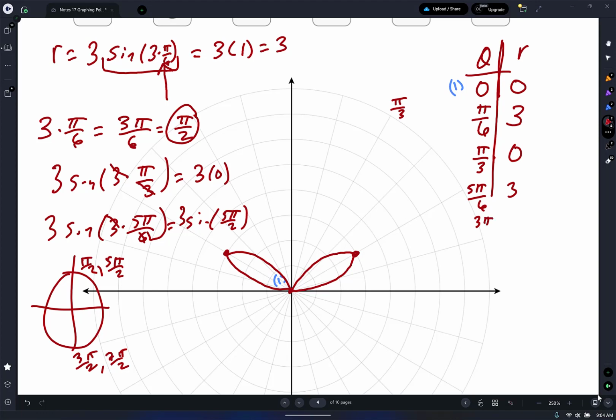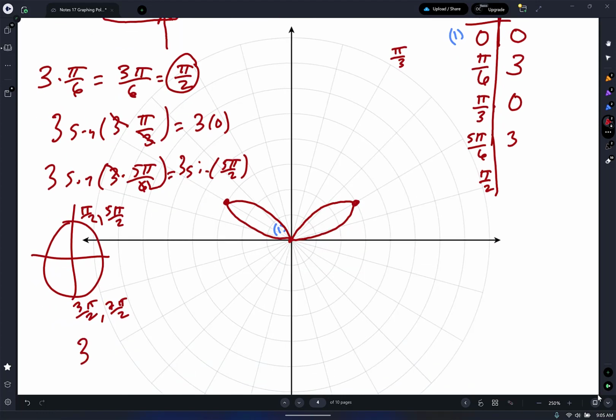And then if I put in 3 pi over 2, or is it pi over 2? Nope. Pi over 2, which I should have put in a long time ago, but that's fine. If I put in pi over 2, I get 3 sine of 3 times pi over 2. And notice that I get 3 sine of 3 pi over 2.